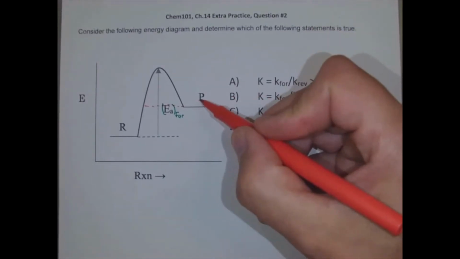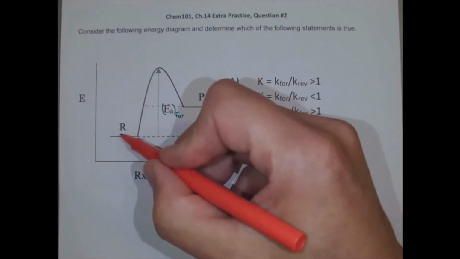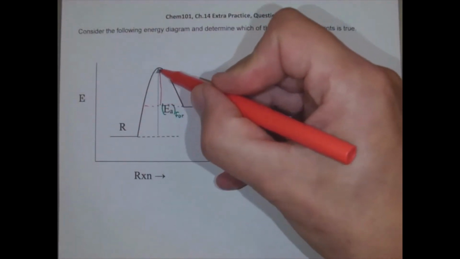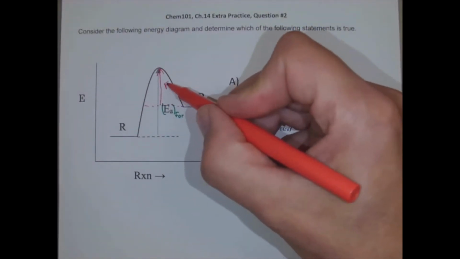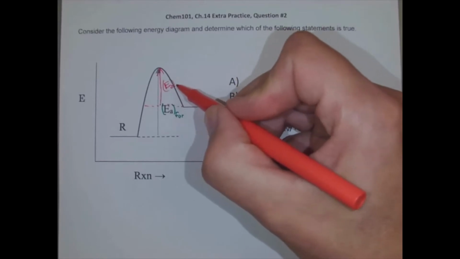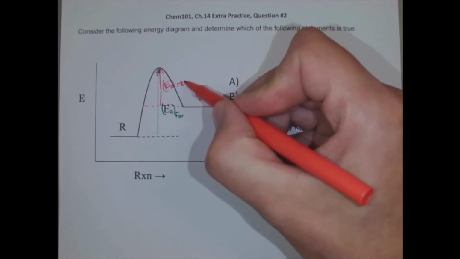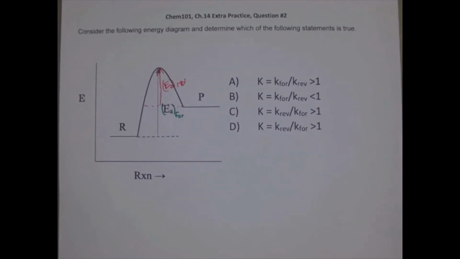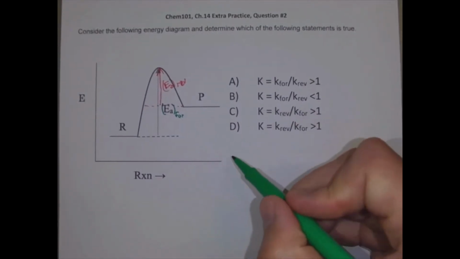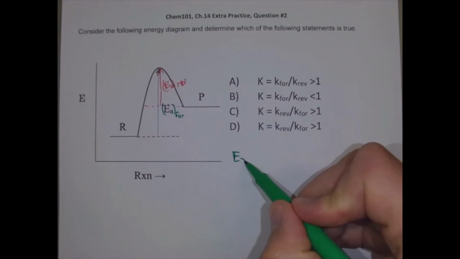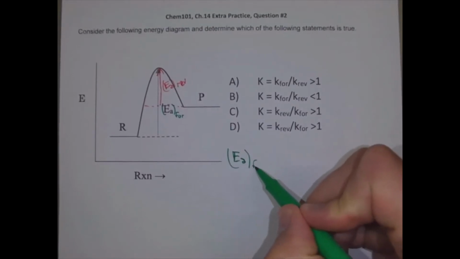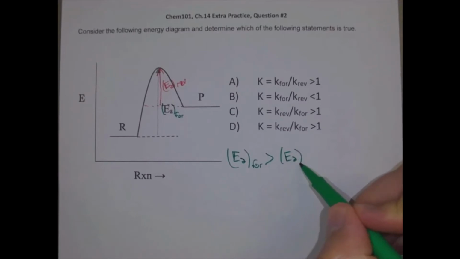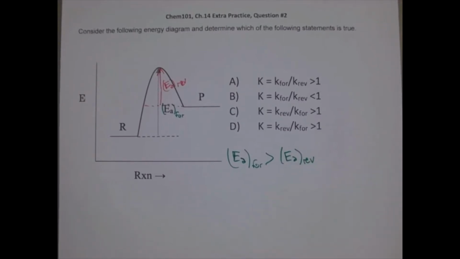In order for these products to go in the opposite direction and form the reactants back, they would have to overcome that energy barrier. So we'll label that the activation energy for the reverse reaction. And as you can see, just clearly from the picture, the activation energy of the forward reaction is bigger than the activation energy of the reverse reaction.